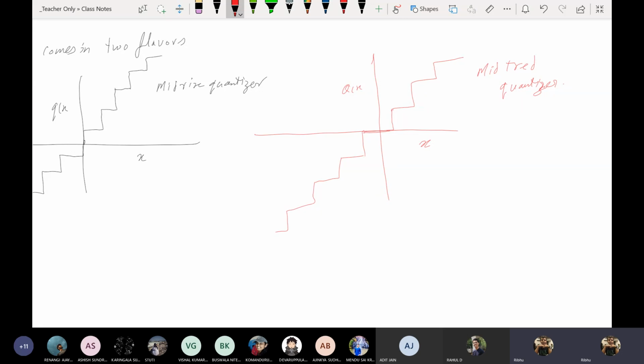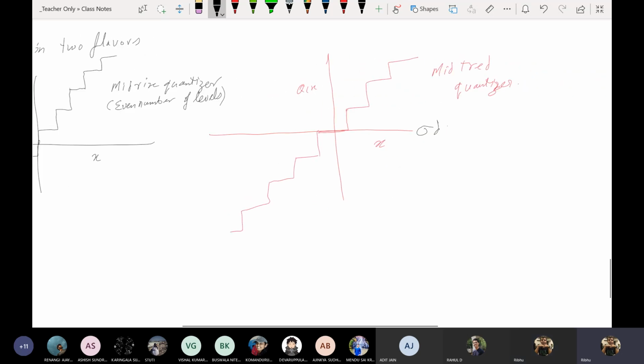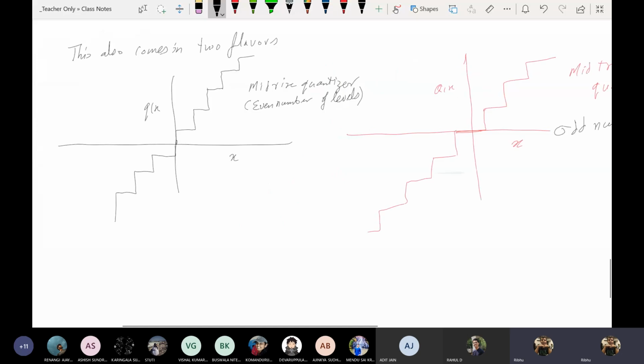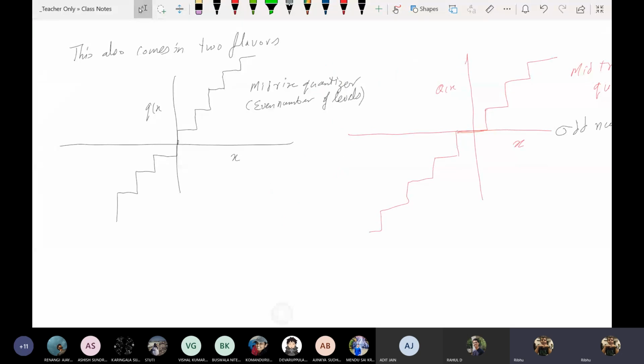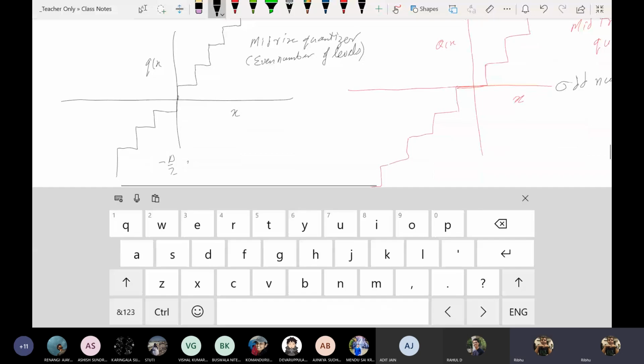Can you guys spot the difference? The mid-rise quantizer has an even number of levels. This has an odd number of levels. The difference being that here the levels are at minus delta by 2 and delta by 2. These are the reconstruction levels. And here there's a reconstruction level at 0. Fine.